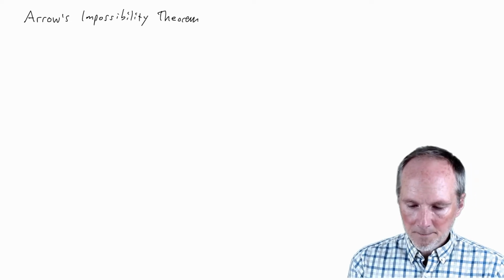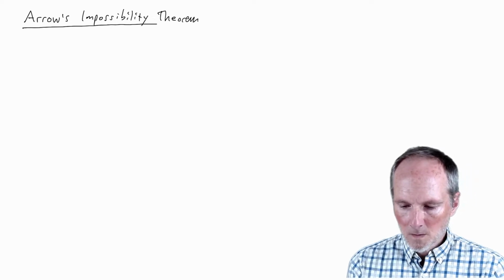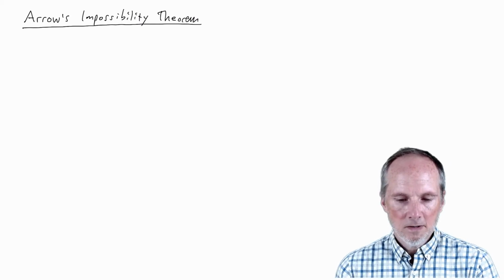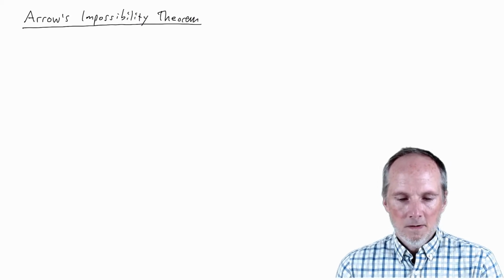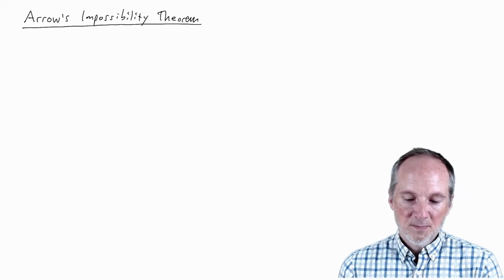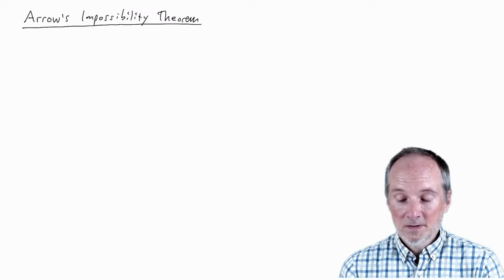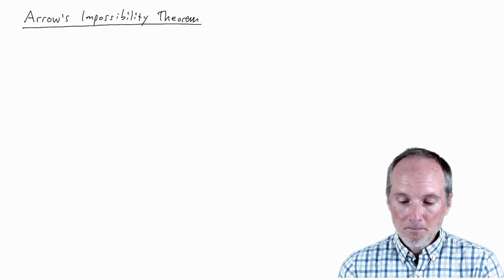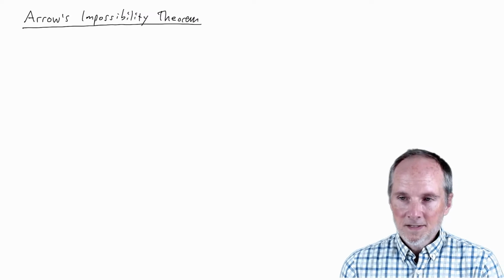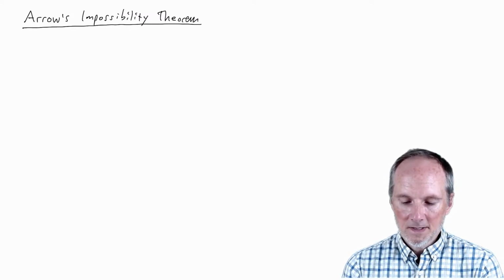This is a theorem proved by Kenneth Arrow. It was published in a book called Social Choice and Individual Values. The second edition, which corrects an error, is 1963, but he had the result done in the 50s.